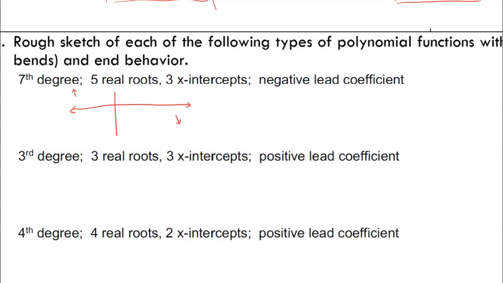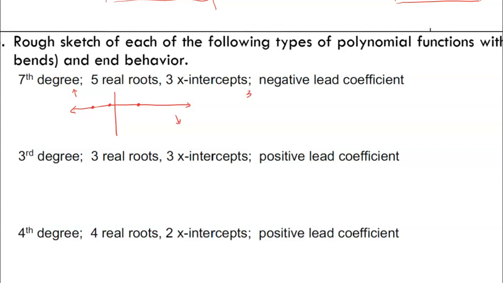You can draw 1, you can draw 2, you can draw 3 x-intercepts like that. And since there's 5 real roots, it means there's going to be a multiplicity. That means that 2 of them are going to have a multiplicity.